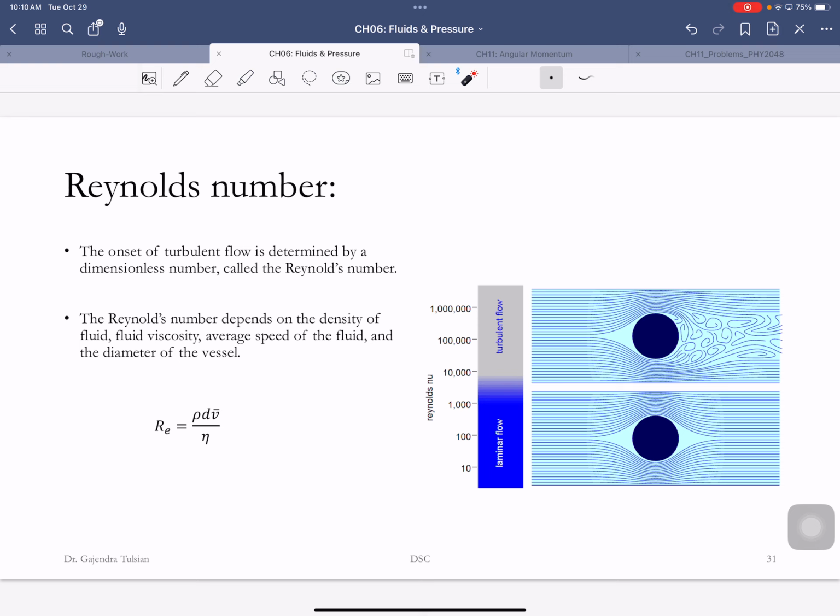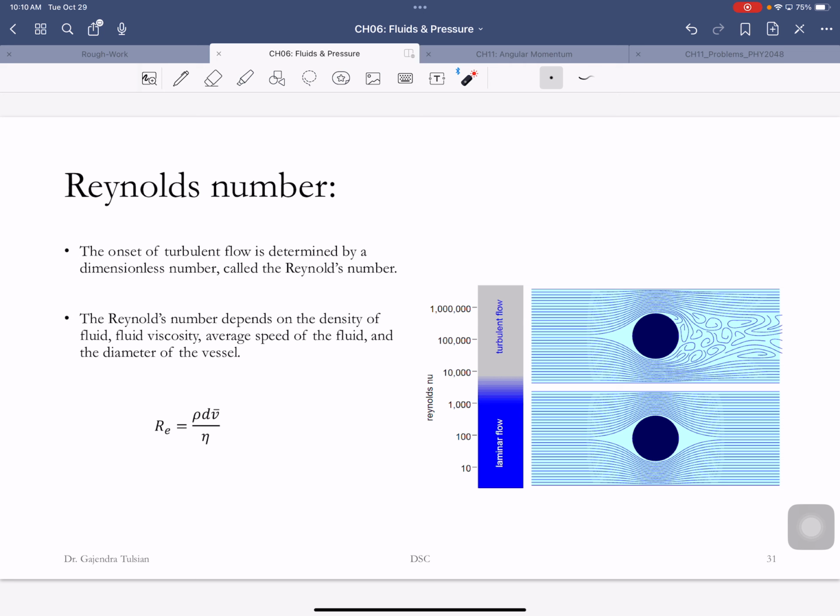The Reynolds number is given by this. Rho is the density of the fluid you're moving in. D is the diameter of the object, so if this was a car, that would be that dimension. V is the speed of the car moving through the fluid, and eta is the viscosity of the fluid. So the faster you're moving, the higher the Reynolds number.